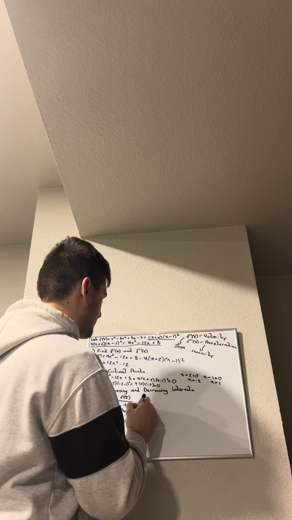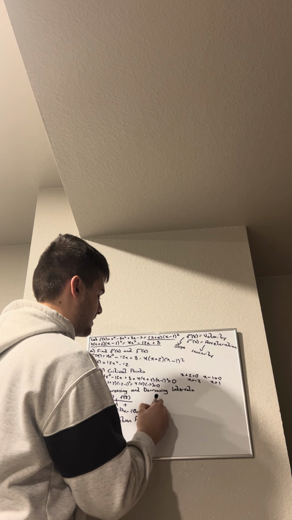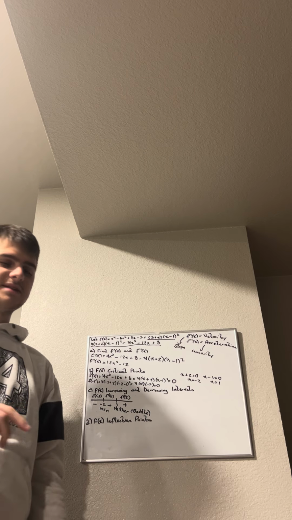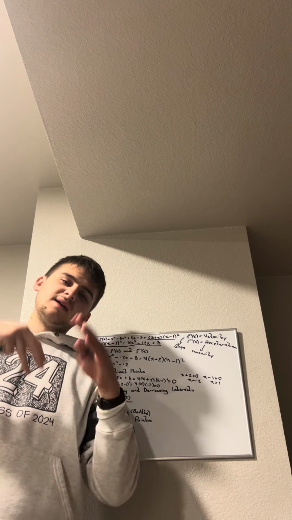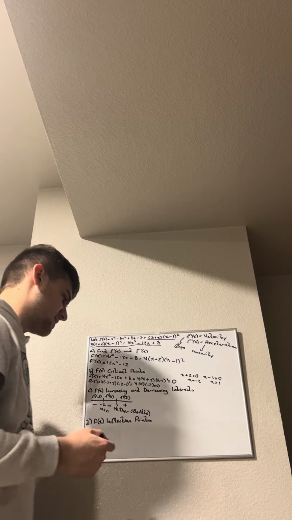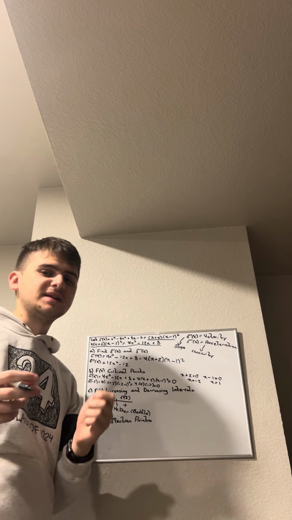Even though it's neither a max nor a min, it's going to be a saddle in this case, because the slope increases, but then the slope increases again, creating a kind of saddle shape. So now that we have those figured out, we want to write down the intervals that we found.